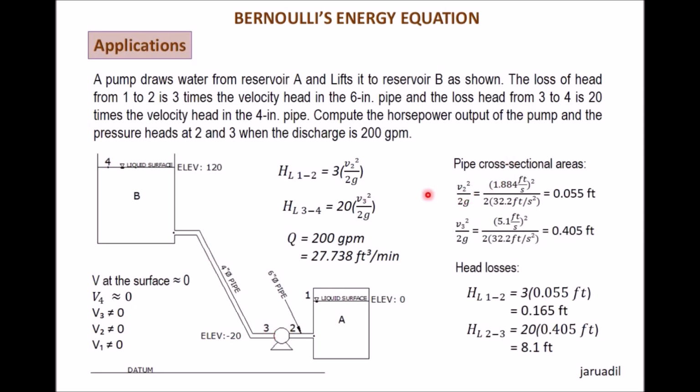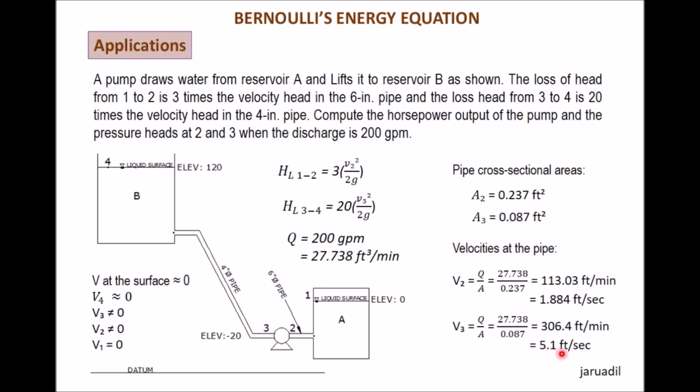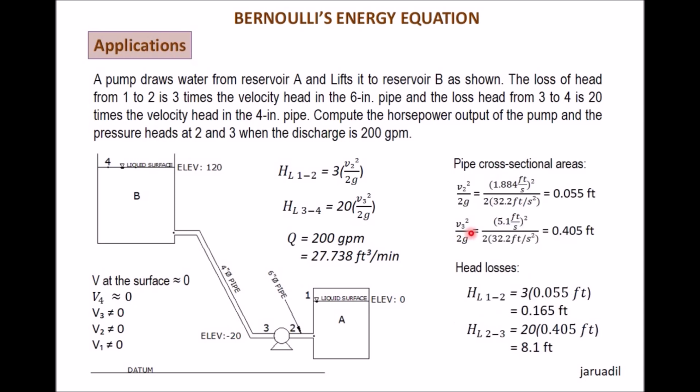So we compute for the velocity head at 2. Knowing the velocity at 2 is 1.884 and using g equal to 32.2 feet per second squared, the velocity head is 0.055 feet. At point 3, using the computed value of V sub 3, 5.1 feet per second, we get the velocity head at point 3 is 0.405 feet.